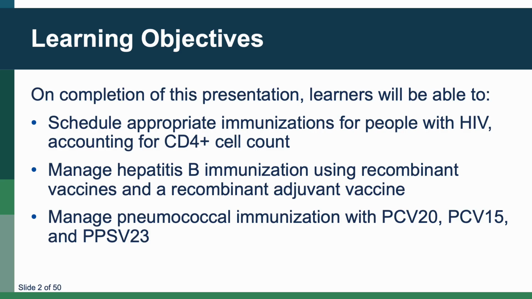But I'm really excited to be able to talk with everybody today about vaccinations, because it's kind of vaccine season, isn't it? Every season is vaccine season, but we're doing a lot of it right now. I hope at the end of this talk, you'll be able to better manage immunizations in people with HIV, and particularly those for hepatitis B and pneumococcus.